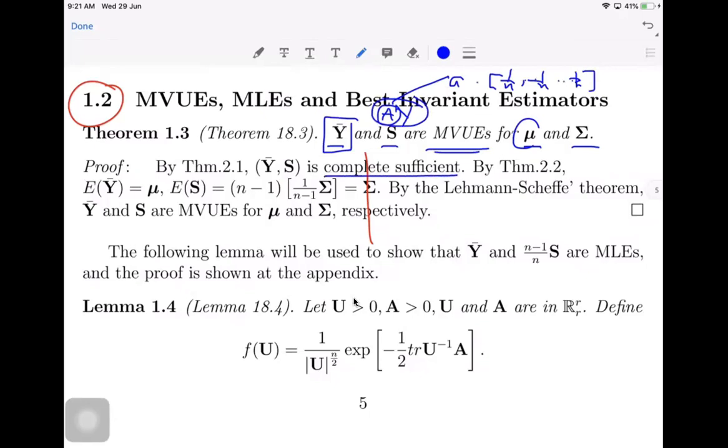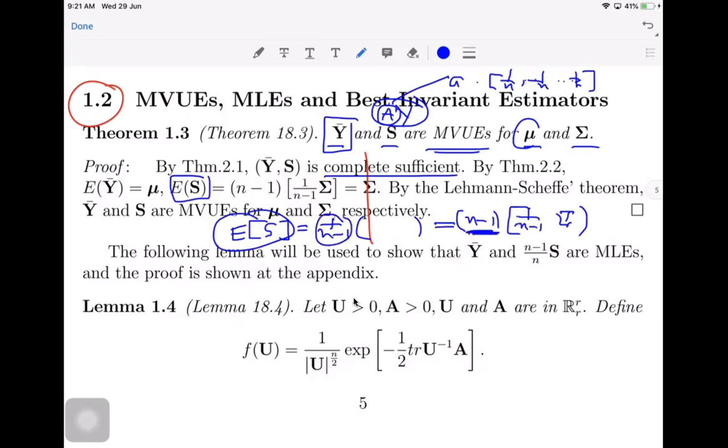So we know that it is a complete sufficient statistic, and your expectation of S, which is equal to 1 over n times a function there, after getting the expectation can be expressed as n minus 1 times a function of sigma, which has 1 over n here because of that.